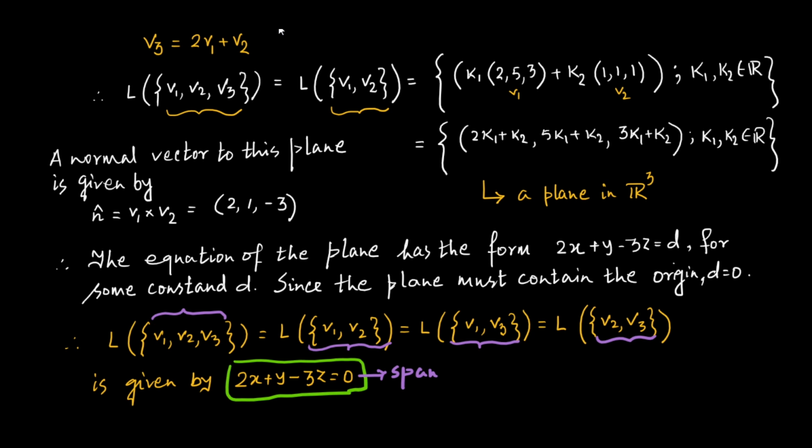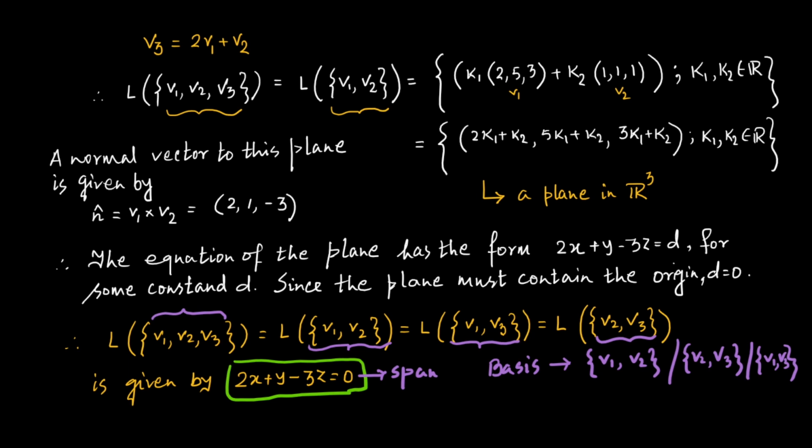Now, as I told you about the definition of basis, so here we can say that the basis of this span is formed by the linearly independent sets. Say basis may be v1, v2, or basis may be v2, v3, or basis may be the set comprising of the vectors v1 and v3.